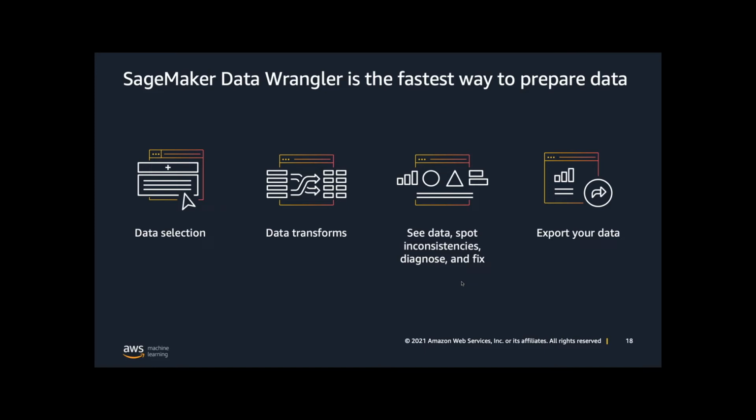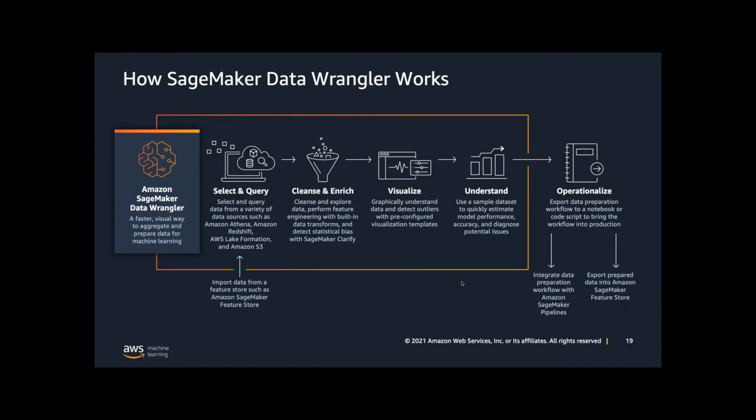And once the data is transformed, the SageMaker Data Handler makes it easy to clean and explore the data with the data visualization integrated within SageMaker Studio. So these are the things that you're going to be learning.